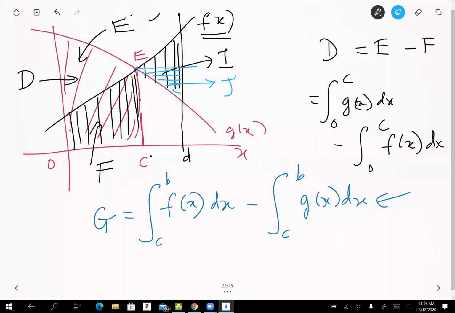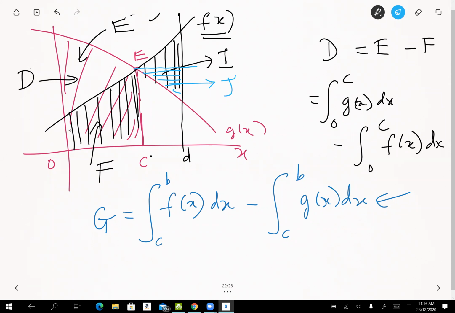C to D under f of x. The area under f of x. Okay, if you put the area under f of x, that will be the area atas tu. Nampak tu naik ke atas tu.